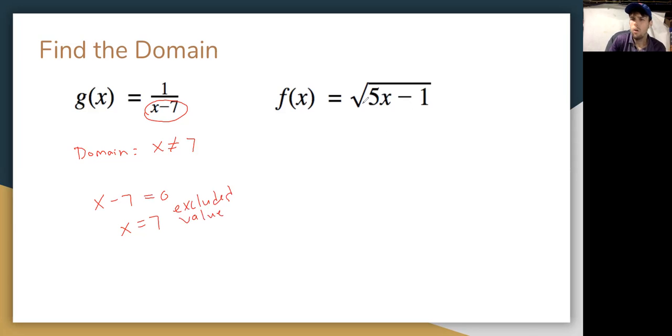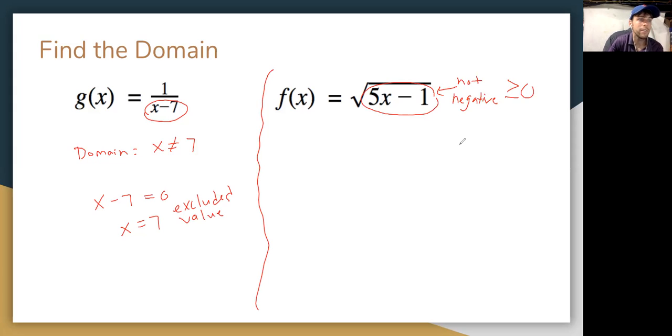This one, only slightly more complicated. I kind of touched on it, right? Anything inside the square root, we just need to make sure that this is not negative. This has to be not negative. And our sort of proxy mathematically for that is greater than or equal to 0. That's the way we write that sort of mathematically.